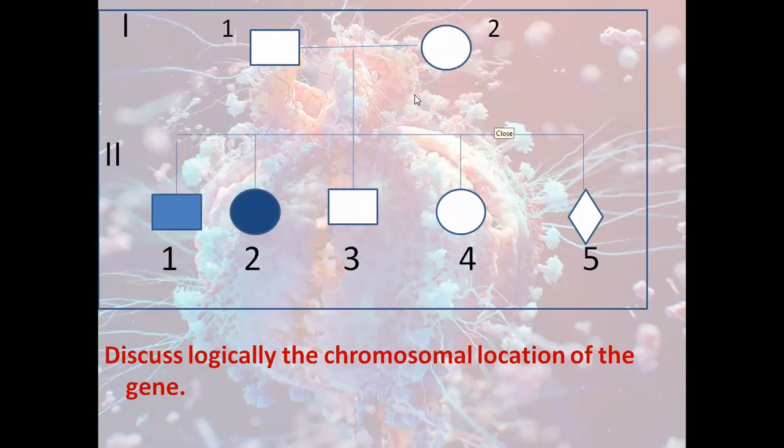So, let's discuss this. 1, 1 and 1, 2, they are normal, but they gave birth to 2, 1 and 2, 2. 2, 2 is a female. So the female is affected. So it has XX, it doesn't have a Y. So this Y is not found in 2, 2.